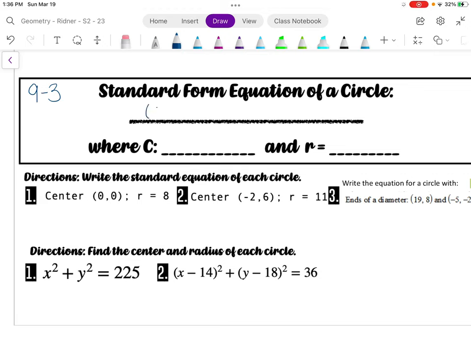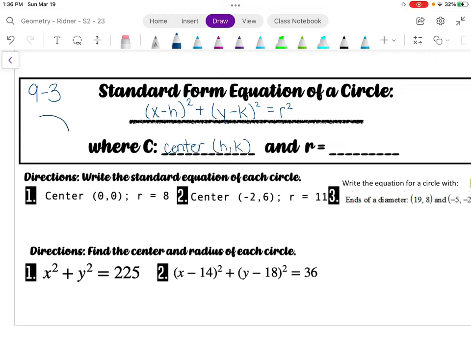So the formula is (x - h) squared, that just means parentheses, plus (y - k) squared equals r squared. And what we need to know is that h and k are the center of the circle.